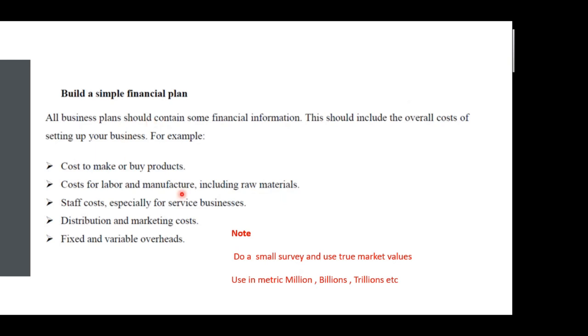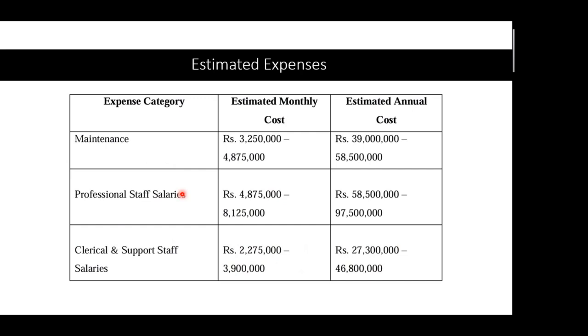And then next, examples. See, the estimated expenses. The expense categories, a few examples for the financial plan: maintenance, professional staff salaries, clerical and support staff salaries, estimated monthly cost, and the annual cost.